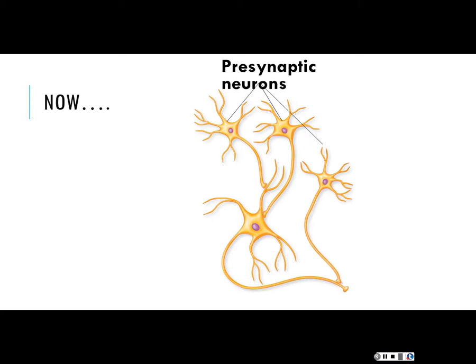Presynaptic means what? Before the synapse. So if I use the word presynaptic, I'm talking about the cell that is releasing what? Neurotransmitter. So presynaptic cells are those cells which release neurotransmitter to some target.